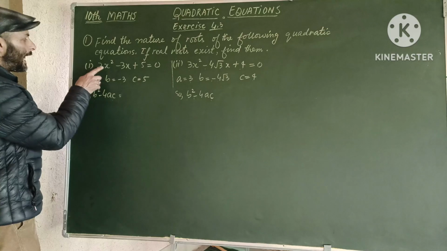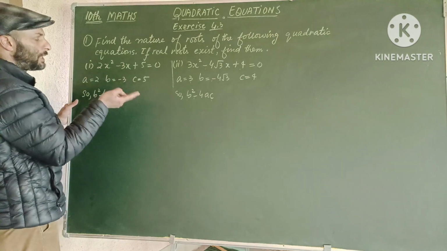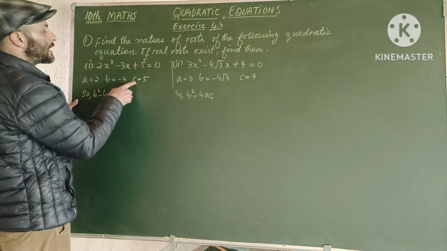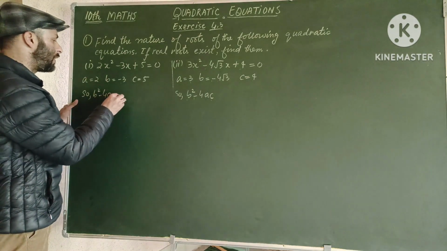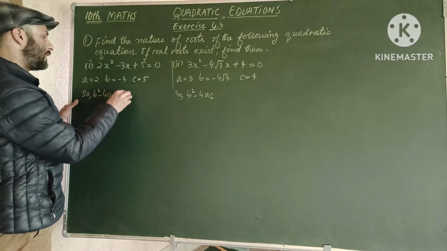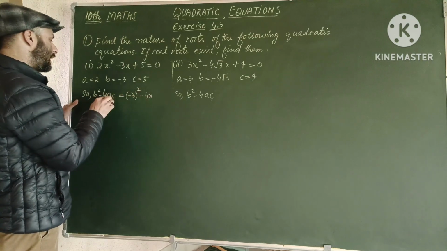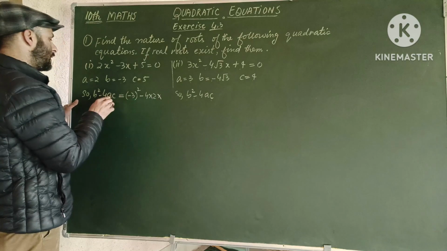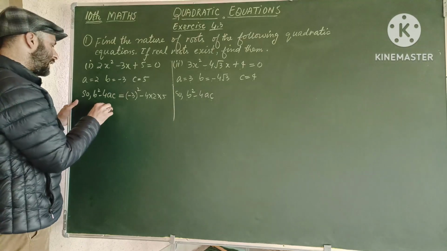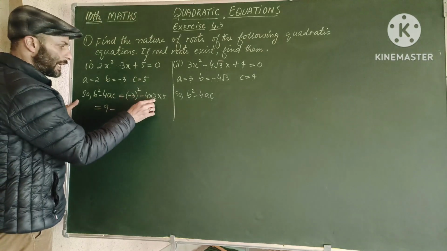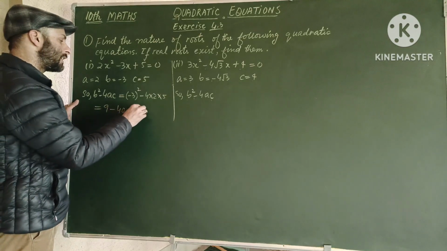The coefficient of x square is a, which is 2, b is minus 3, and c, the constant term, is 5. To find the nature of roots, b square minus 4ac is minus 3 whole square minus 4 into 2 into 5. That is 9 minus 40, which is equal to minus 31.